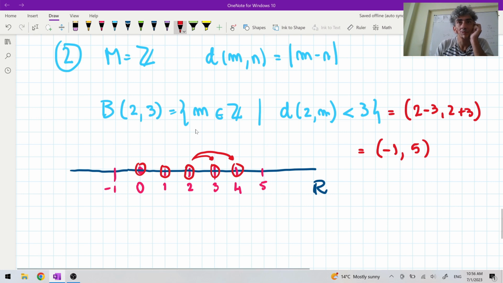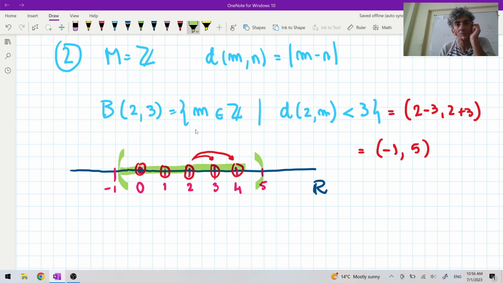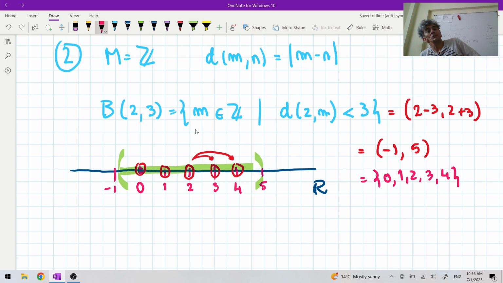You can think of it as an open interval in R, but when you go more specific, this is just a subset of the integers. It's 0, 1, 2, 3, and 4. So this is what that ball looks like. Balls in this context for this set and this metric is actually a finite set.